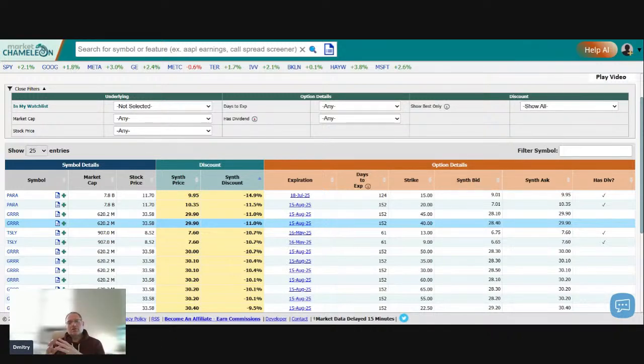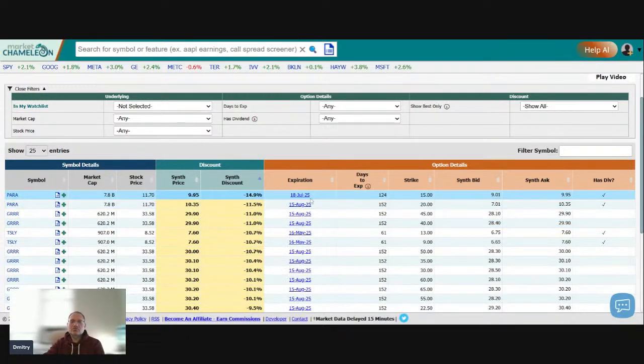And if we look at that, the options market is implying that there's a discount in the options market to create a synthetic stock. So the synthetic stock for this expiration, July 18th, is $9.95, which is almost a 15% discount to where the spot price is. Okay.